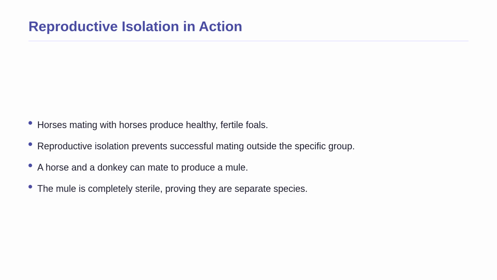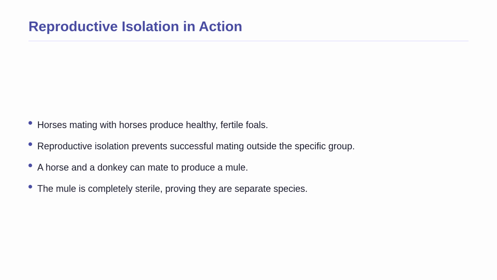This brings us to the second half of Mayr's definition, which is just as important. What does it mean to be reproductively isolated? It means that organisms cannot successfully mate with individuals from outside their specific group to produce fertile young. Let us look at a classic example. A horse mating with another horse produces a healthy, fertile foal.